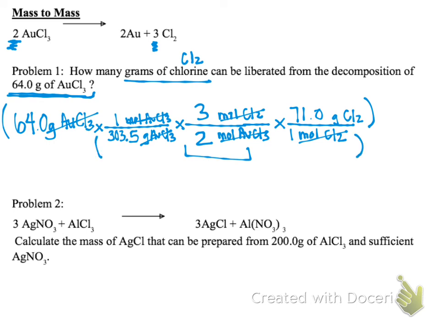So you have 64 times 1 times 3 times 71 divided by, in parentheses, 303.5 times 2 times 1. You should get an answer, and you should make it into 3 sig figs because you started with 3 sig figs, and you should get 22.5. Your unit is grams Cl2.